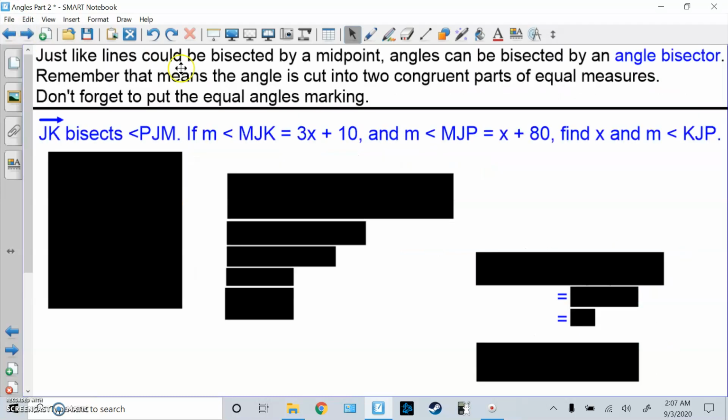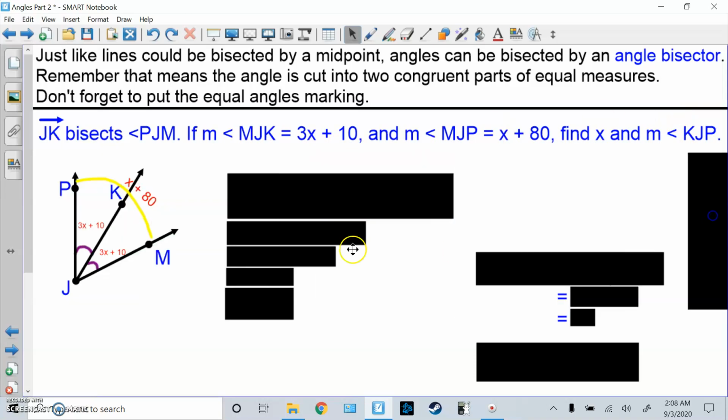Alright, next, just like lines can be bisected by a midpoint, angles can be bisected as well by an angle bisector. Remember, that means the angle is cut into two equal, congruent parts, and don't forget to put the equal angles marking. So ray JK bisects angle PJM. If the measure of MJK is this, and the measure of angle MJP is that, find x and the measure of angle KJP.